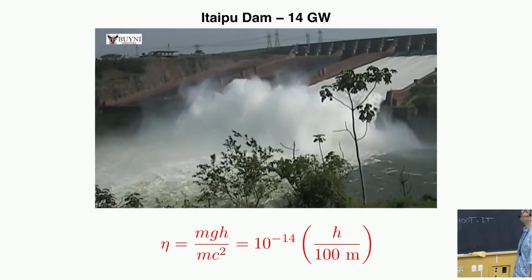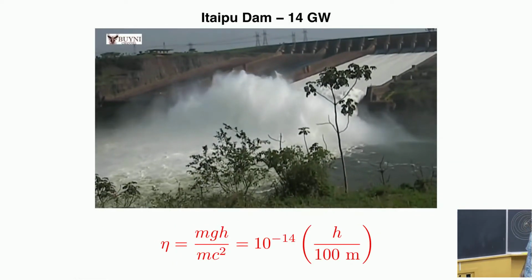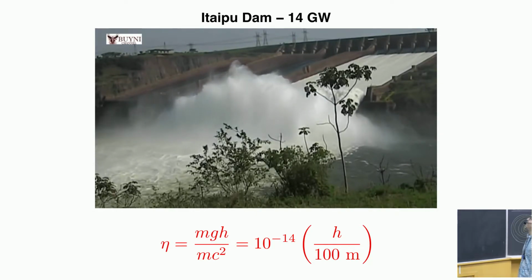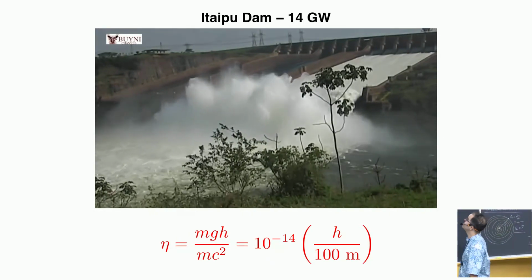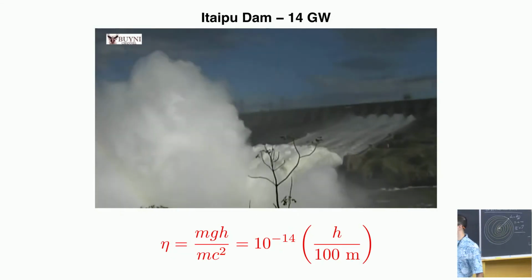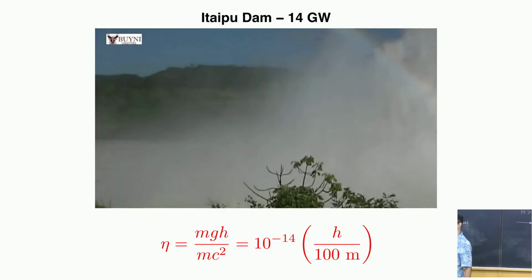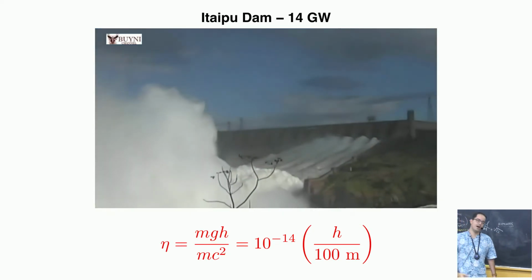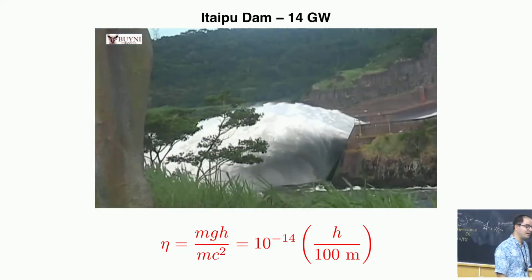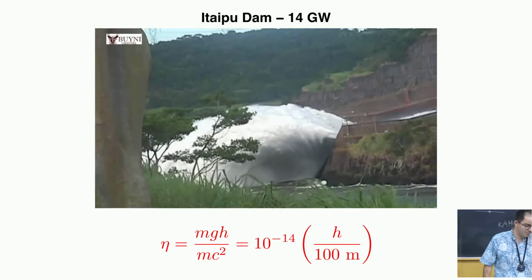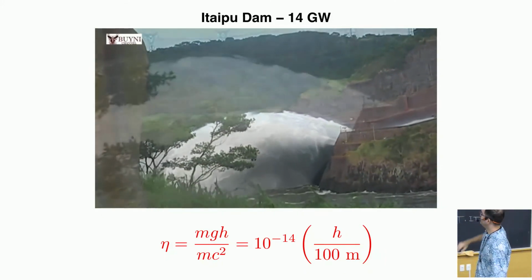Let's now consider a man-made machine, a hydroelectric dam, like the Itaipu Dam. You give 1 gram of water into this engine and extract some of the potential energy of the water falling. How much energy can you get from 1 gram of falling water? You can very easily compute the efficiency.